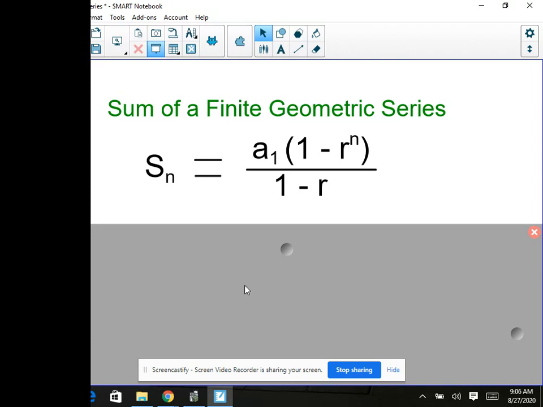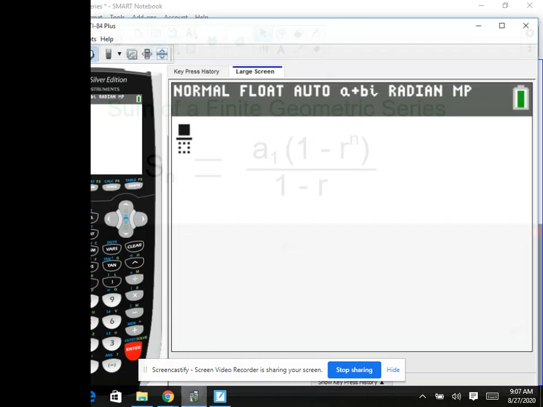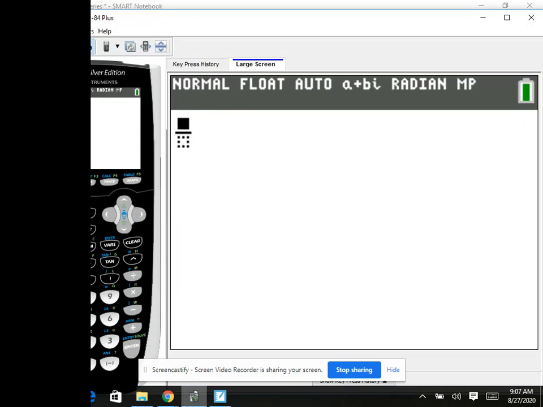We have 1 minus our common ratio raised to the term number over 1 minus our common ratio. Same variables, same meanings. Nothing has changed. This is the one where using that function in your calculator is going to come in handy, okay?